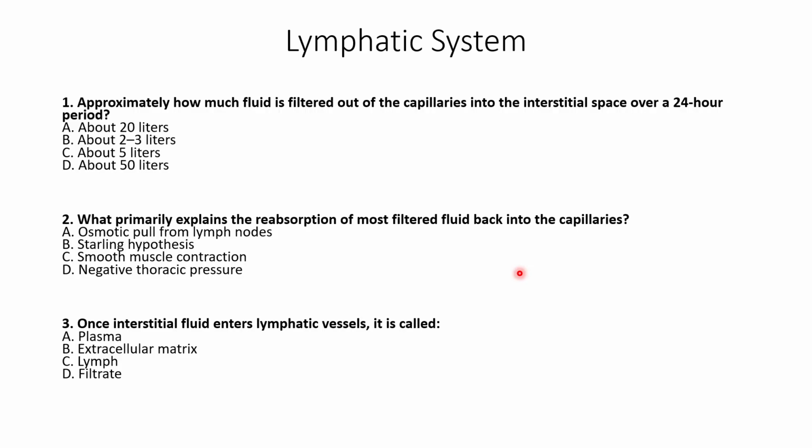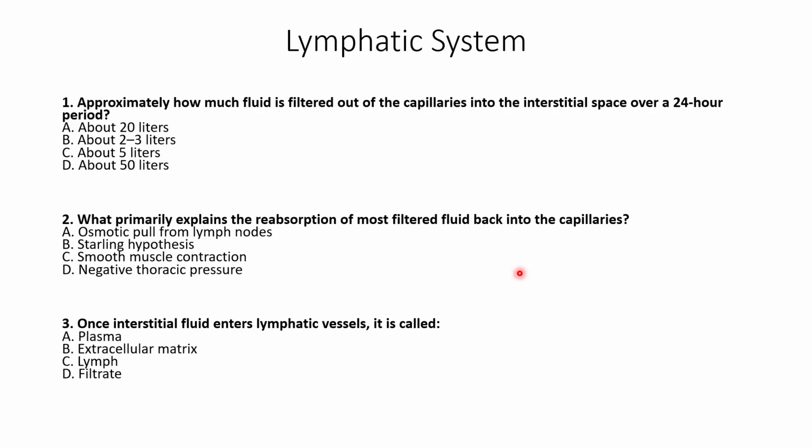Does anyone want to try? So we were just discussing that interstitial fluid is also tissue fluid. Yeah, exactly. Good. So one person has answered correctly, which is option C, lymph fluid.